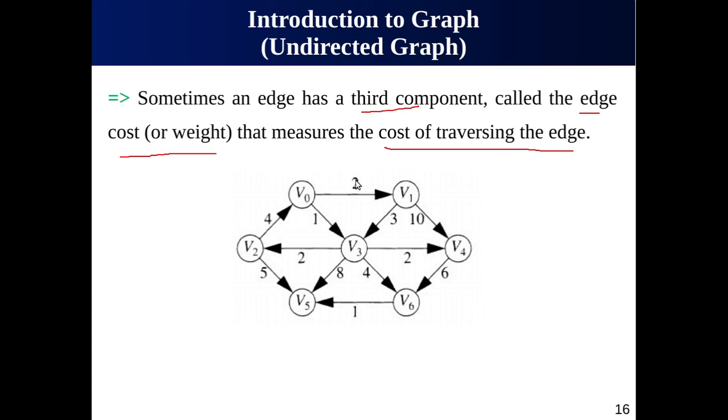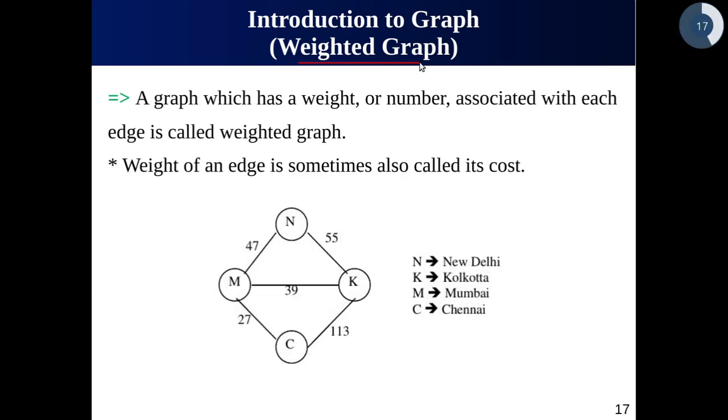Now this leads us to the concept of weighted graph, another type of graph. You see, now we have a third component. We have a number associated or linked with every line, with every edge. If you see a number associated with each link, then such a type of graph is known as a weighted graph.